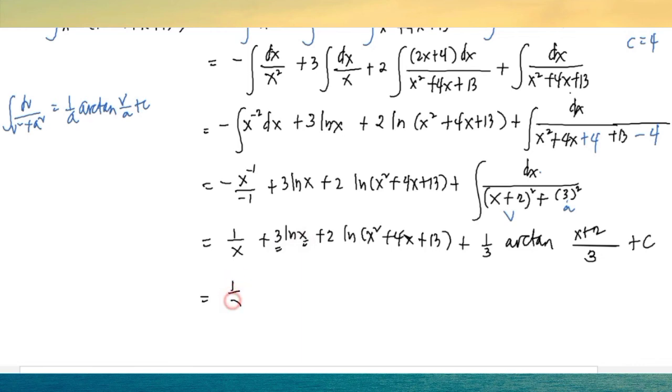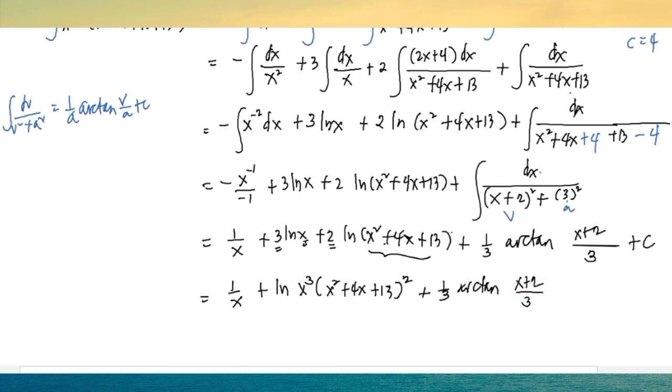We have 1 over x plus ln of x cubed, ito yon, multiplied by, since this is addition, and the 2 here will be the exponent of this term, so x squared plus 4x plus 13 square plus 1/3 arctangent of x plus 2 over 3 plus c, and this is our answer.